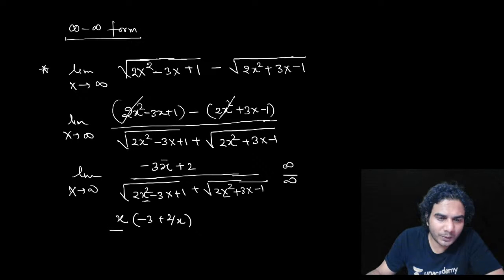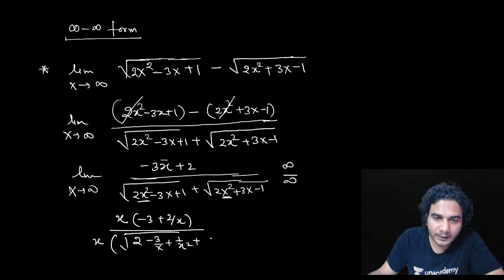This 2 upon x will become 0 when you put the limit, and take x square common from these two terms as well. So x will come out, and it is going to be root over 2 minus 3 upon x plus 1 upon x square plus under root of 2 plus 3 upon x minus 1 upon x square, like this.